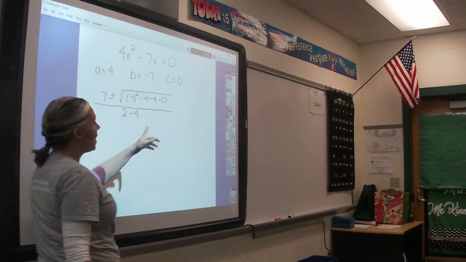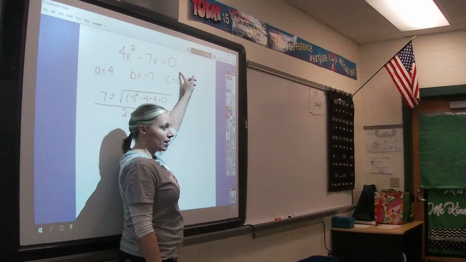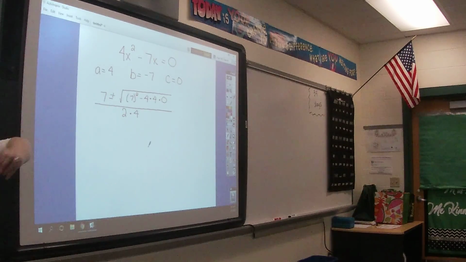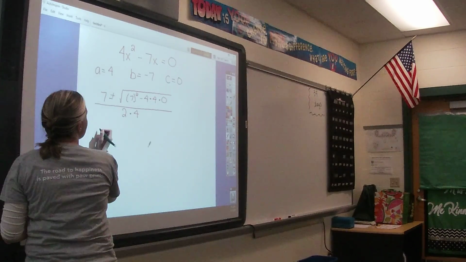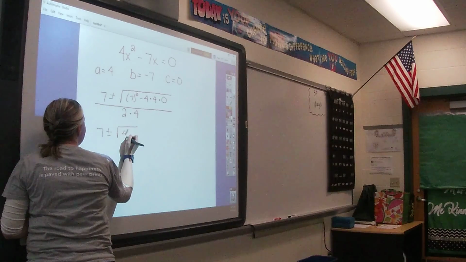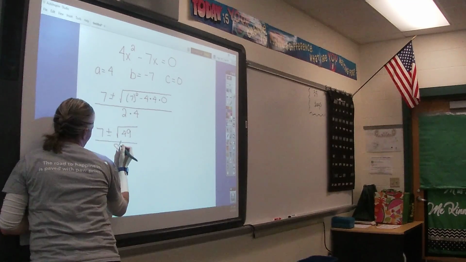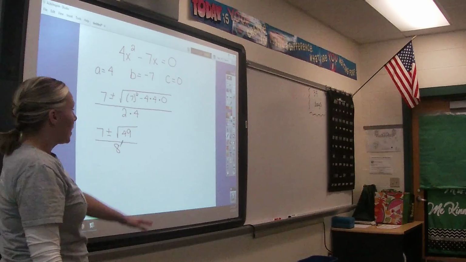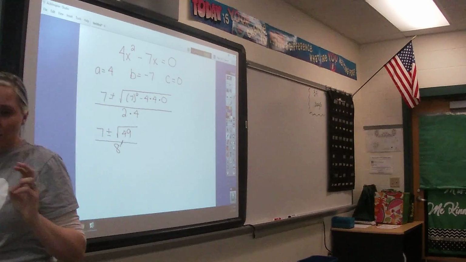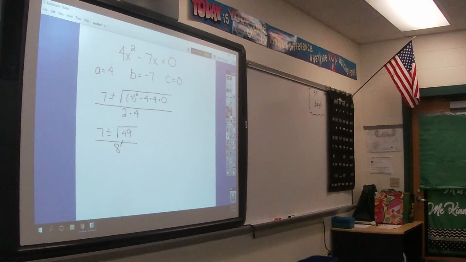Usually it's because of this mistake right here. We need our C value to equal 0. So if we plug in underneath this square root, what do we get out? 49. My students often try to make this be a 1 or fill it in with something. Can we take the square root of 49?